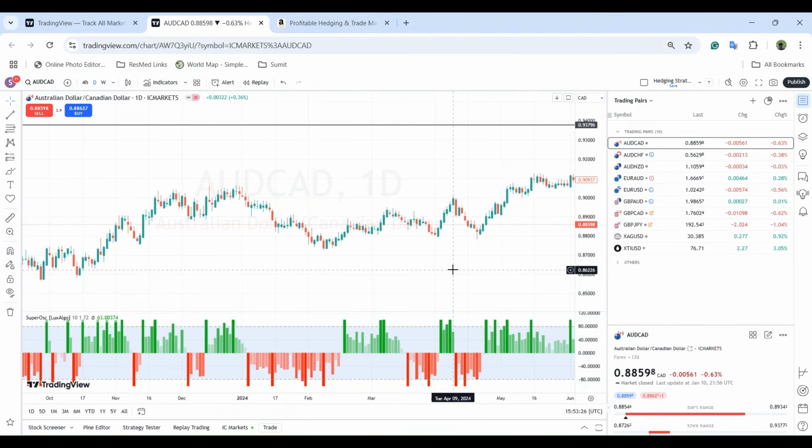Now, it's important to note that you must keep a good margin in your account so that when you are taking 2, 3, 4, 5 trades, you don't get into trouble there.